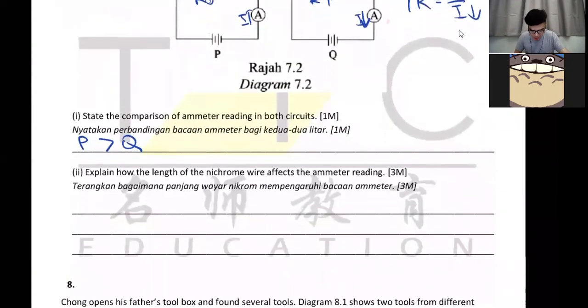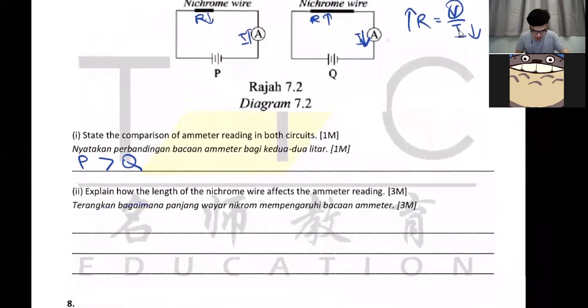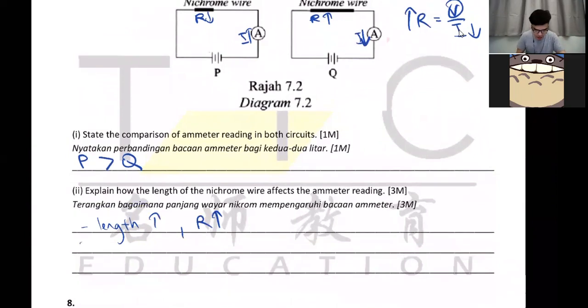So explain why. The higher the length, the higher the resistance. Lebih panjang conductor, lebih tinggi rintangan. I'm just writing it like this, again, short form. So when you have higher resistance, according to Ohm's law, you will have lower current.